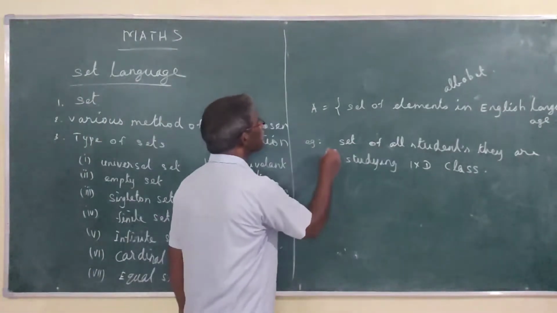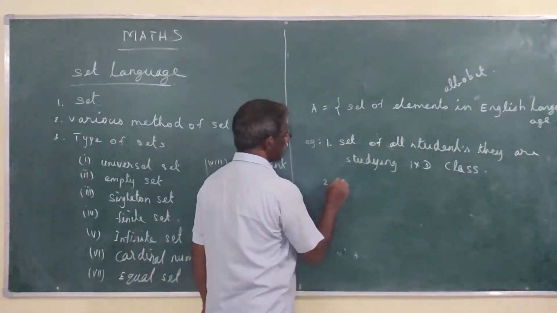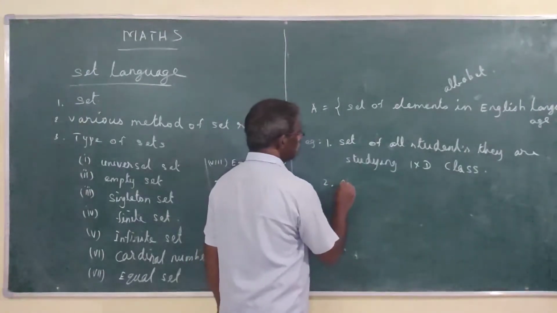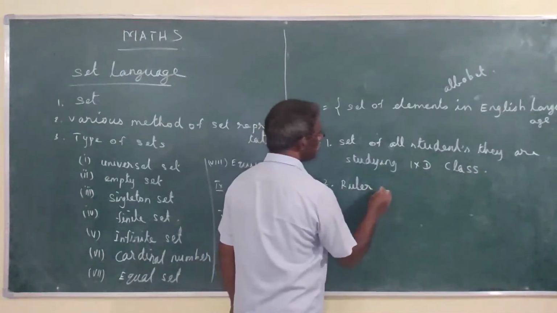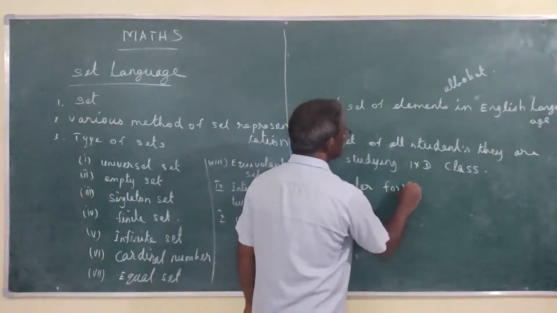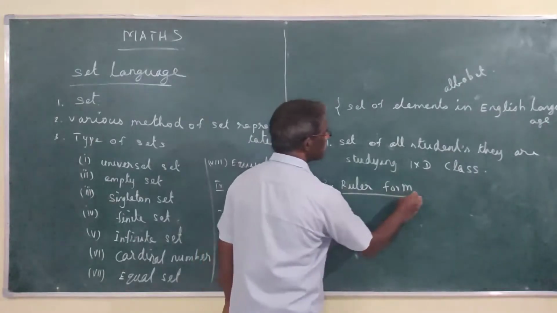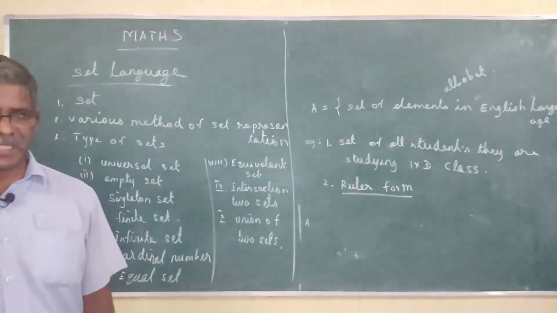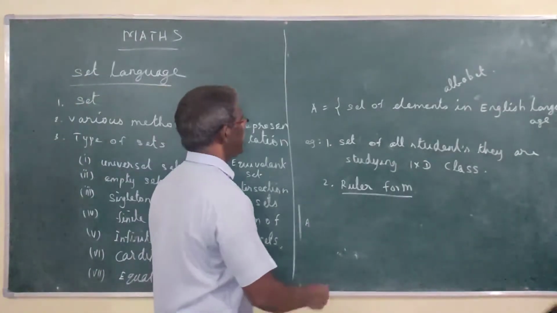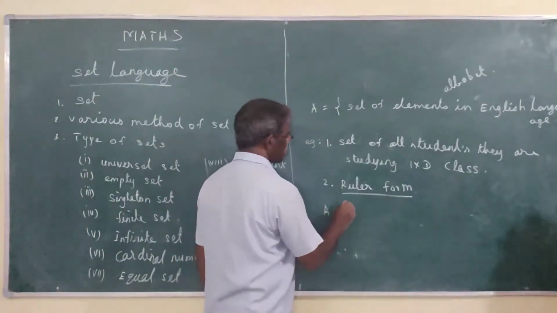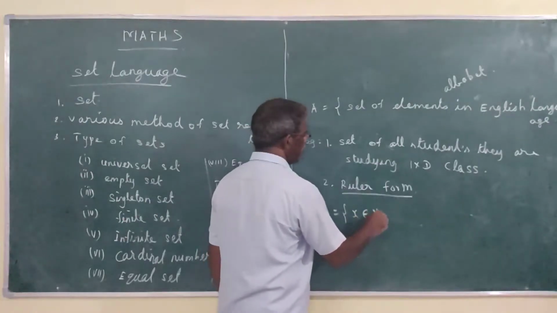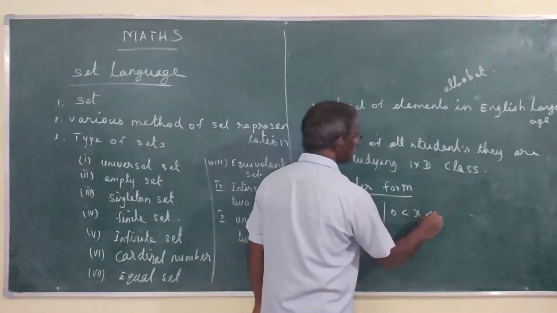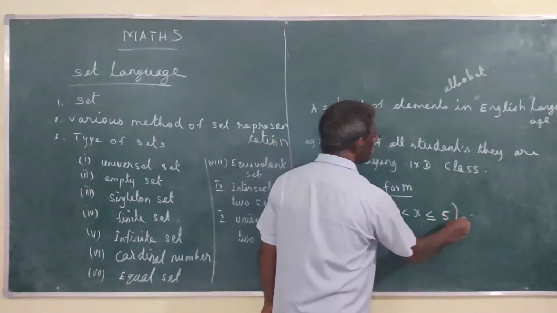This is the first form. Then the second form, ruler form. In ruler form, we can represent the elements by giving some conditions. For example, set A is equal to x element of N such that 0 less than x less than or equal to 5.